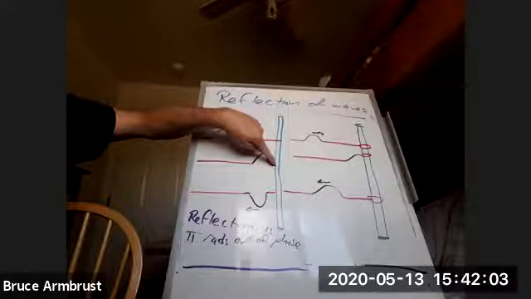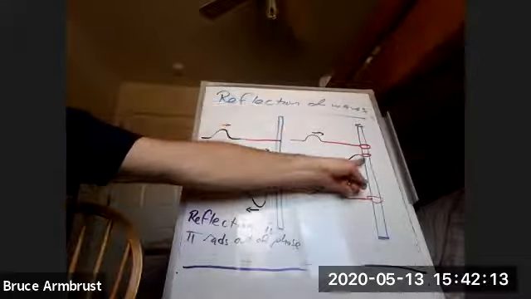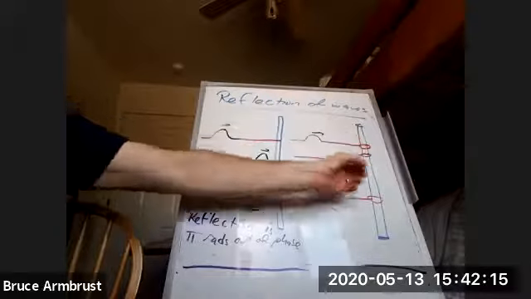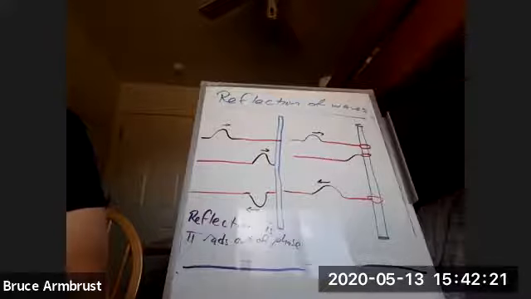And since the string is attached, that means it's also trying to pull the post up. But over here, since it's not actually fixed, since it's just a ring, so it's loose on that end, then the post isn't getting affected and therefore isn't affecting the string. That makes sense. Okay.